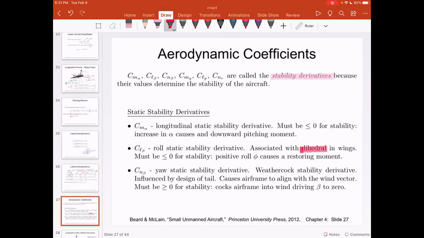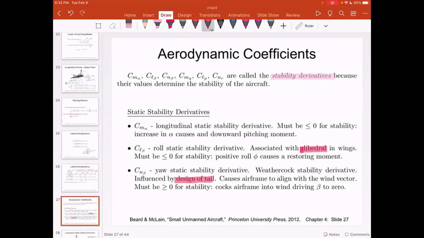And the last but not least is the yaw static derivative, which is dependent on the design of the tail. If you look at a weathercock that shows the direction of airflow, that always gets aligned with the airflow because the path of least resistance is in the direction of the airflow. So the design of the tail dictates how the aircraft behaves with respect to the side slip angle.